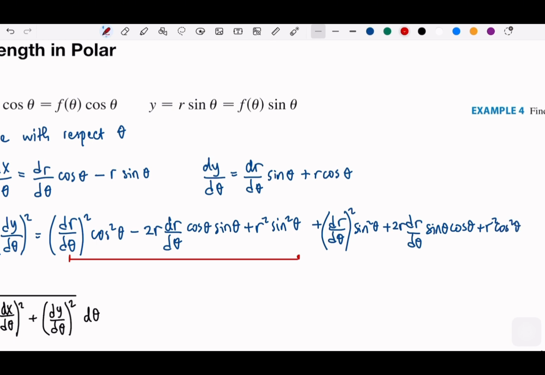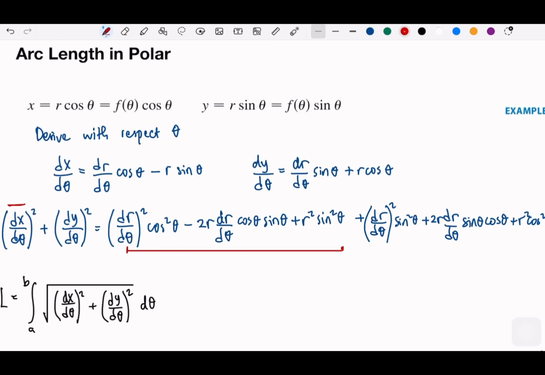Now if you see, we can simplify our equations. You see that this one here we can cancel. So cancel. And then we have this.